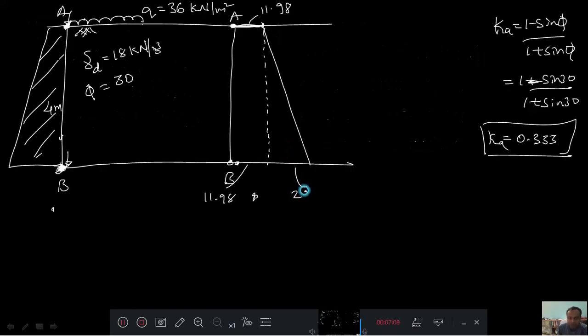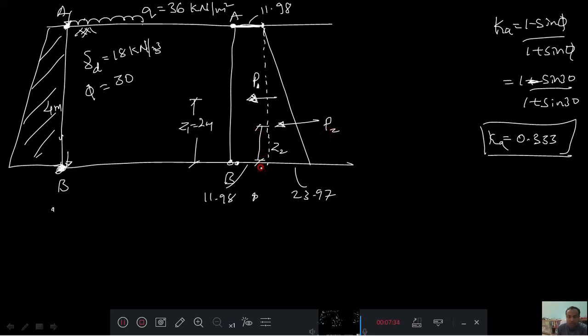Means I will get one pressure here, that is P1 acting at a distance Z1 equal to 2 meter from the bottom, and one more pressure here, that is P2 acting at a distance h by 3 as Z2, it is h by 3 from the bottom.